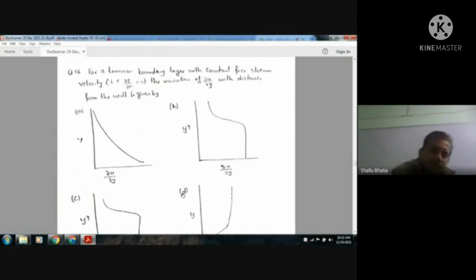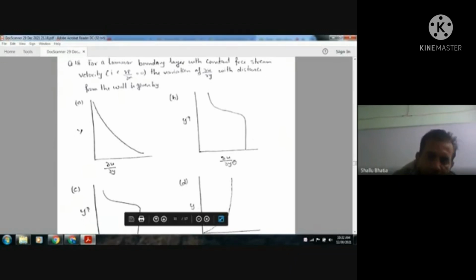for a laminar boundary layer with constant free stream velocity, that is ∂p/∂x is equal to 0, the variation of ∂u/∂y with the distance from the wall is given by.